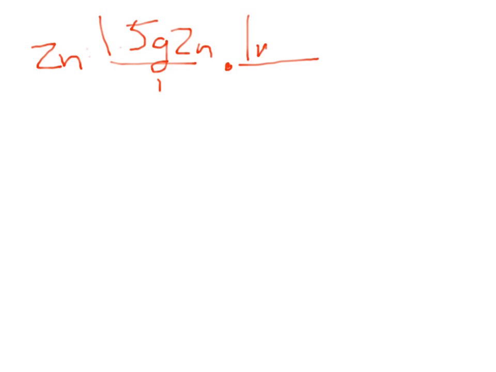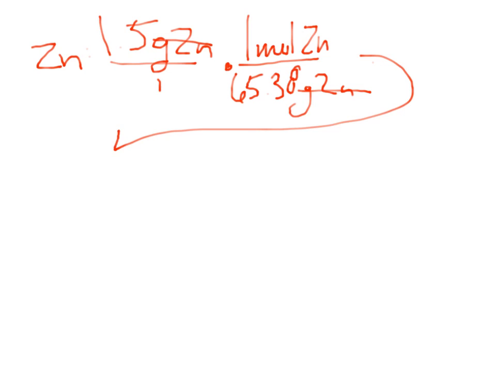So there's 1 mole of zinc, which has 65.38 grams of zinc. So you can cancel out the grams of zinc here and the grams of zinc there, so we're left with moles. But I don't have enough room, so I'll just draw an arrow down here.